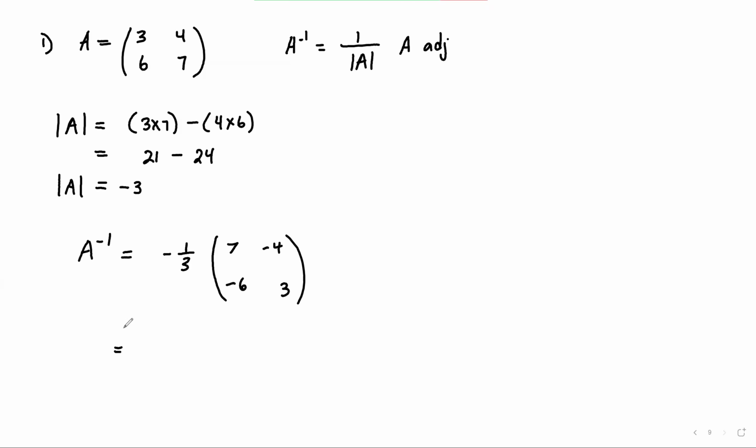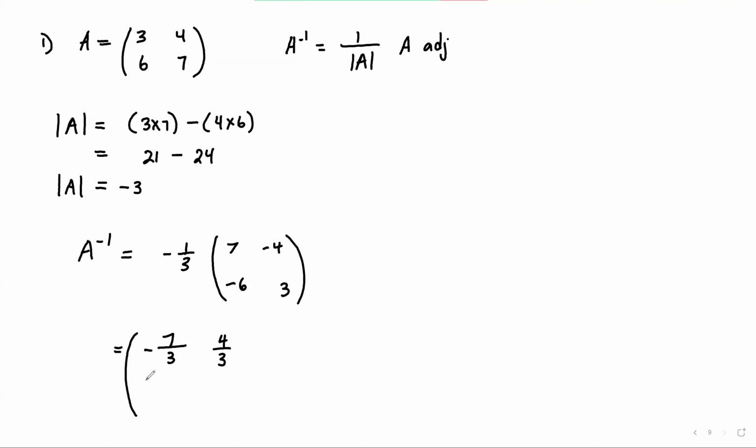So that would be -1/3 by 7, which will be -7 over 3. Then -1/3 by -4 will be positive 4 over 3.